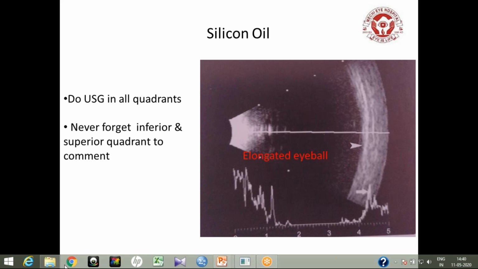Excuse me, sir, how is sound related to the velocity? Actually, light travels through the eyes. How does sound travel? No, this is a picture of ultrasound. This is sound. There is a transmission of sound.